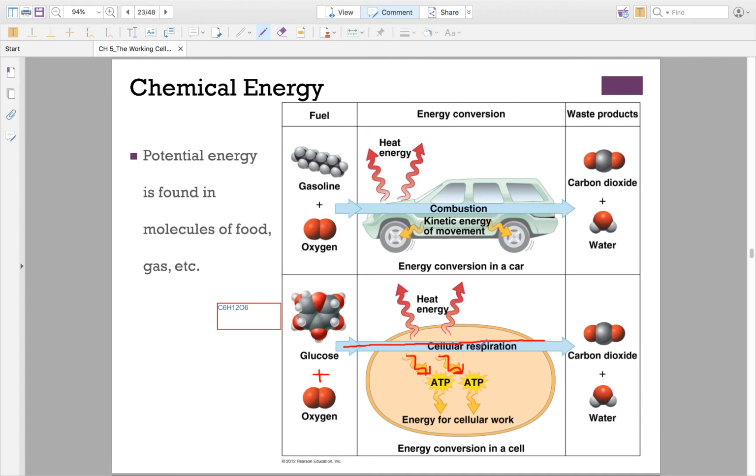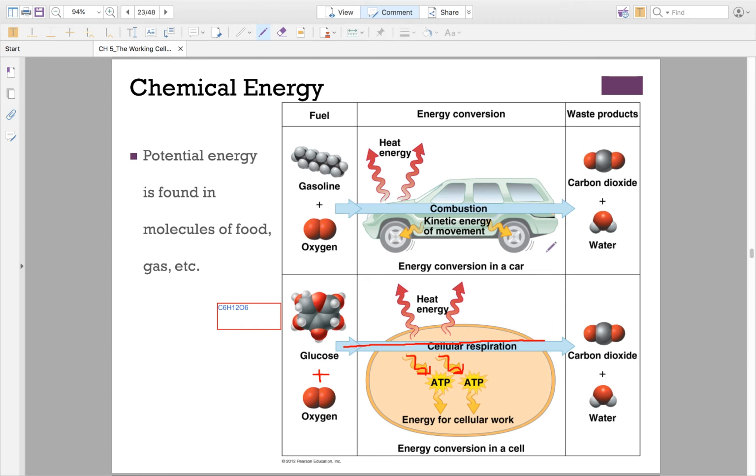Heat is given off, and the byproducts are carbon dioxide and water. Okay, so ultimately that's how every single cell on the planet that's aerobic, that uses oxygen, that lives off of oxygen, that's how they operate. That's how you operate. That's how every single one of your 30 trillion cells operates.